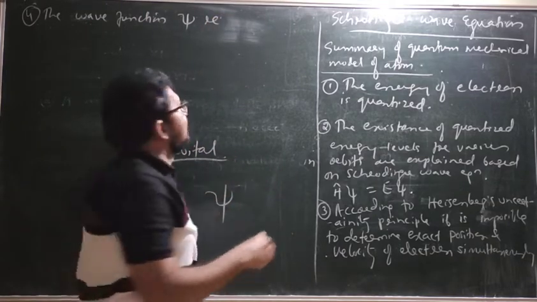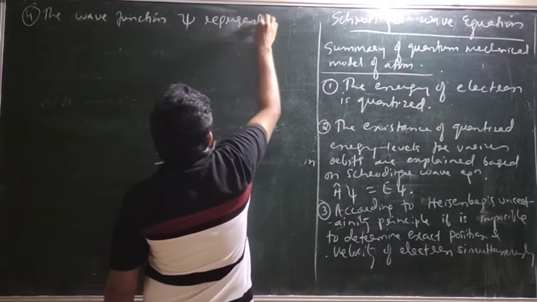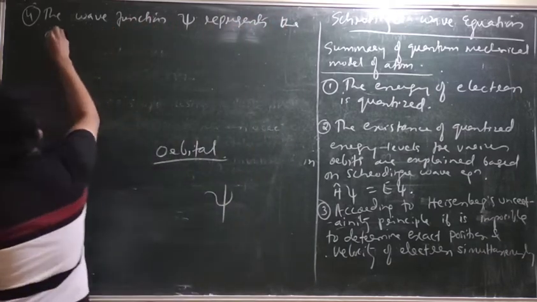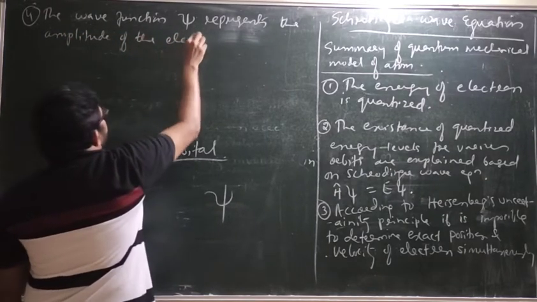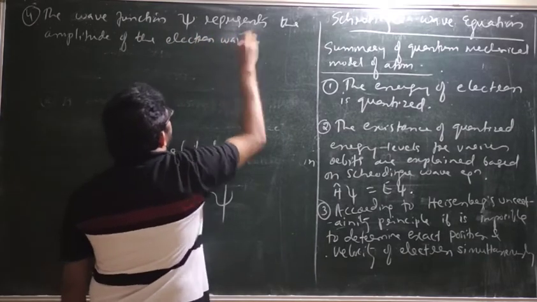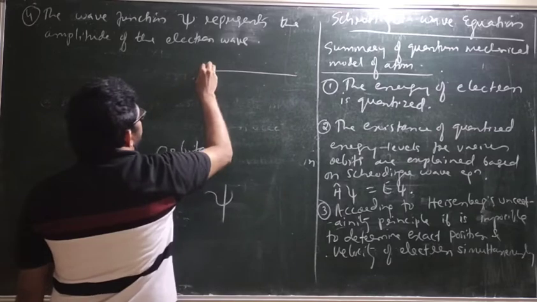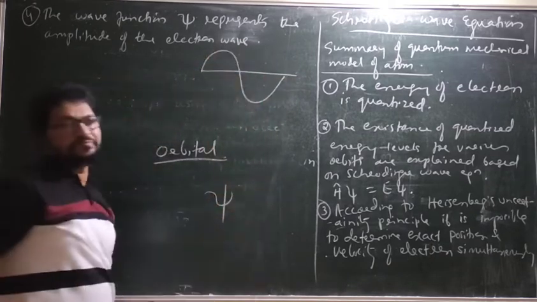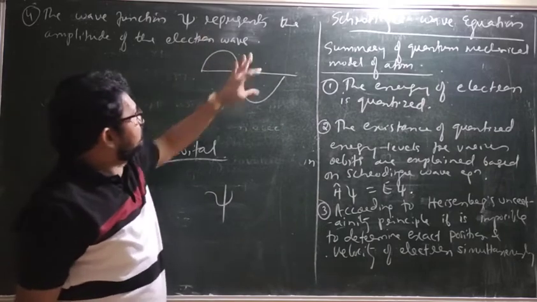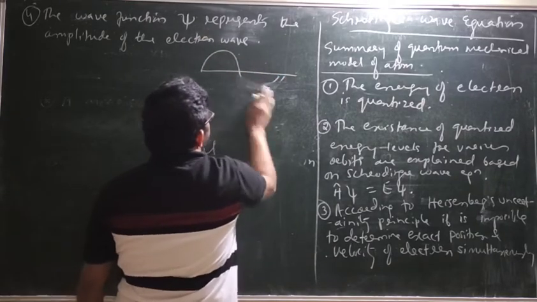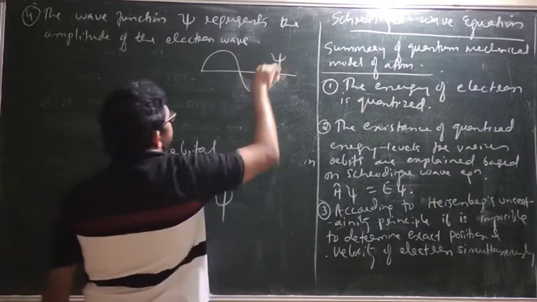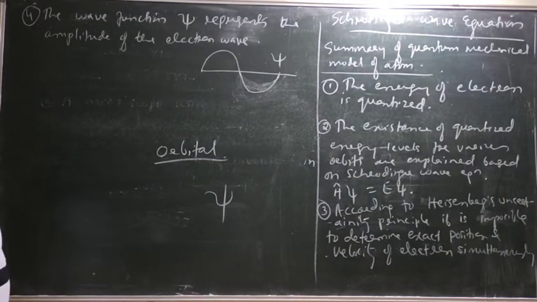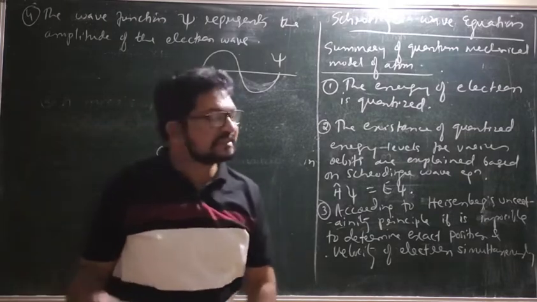Psi represents the amplitude of the electron wave. For example, this is one electron wave. This is the amplitude, the height of the wave. So the electron wave is denoted by a wave function psi.